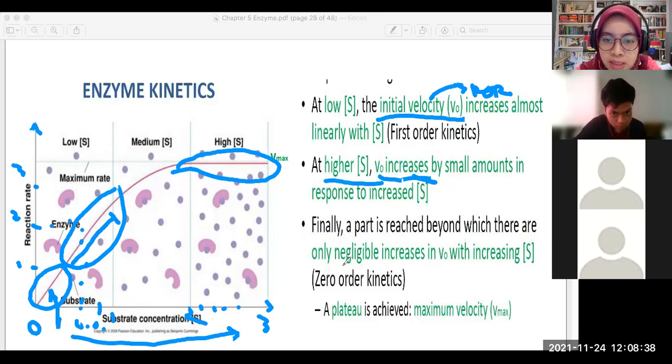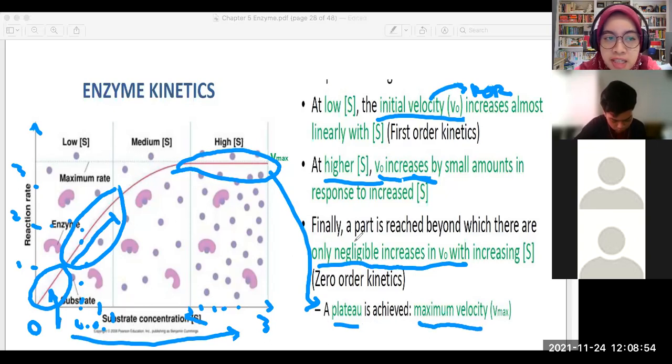That's why we say negligible increase. There's no increase at all. And this is where we call the state a plateau. Plateau means stagnant. At plateau, a maximum velocity is achieved, meaning the maximum rate of reaction is achieved.